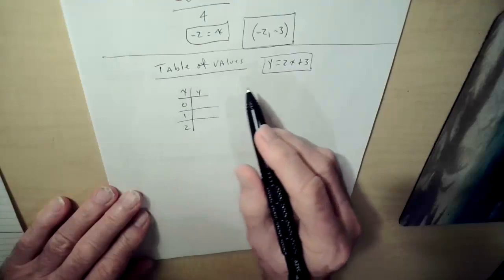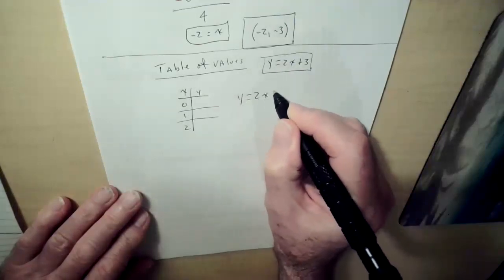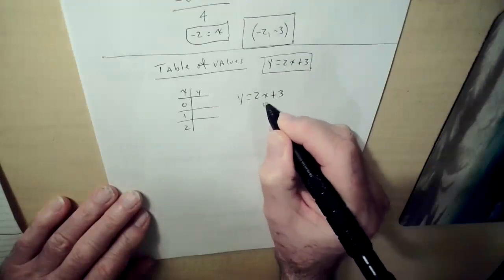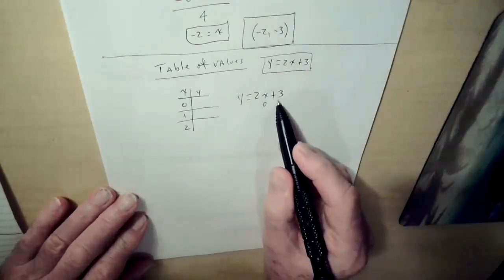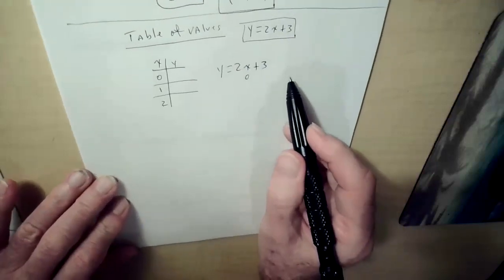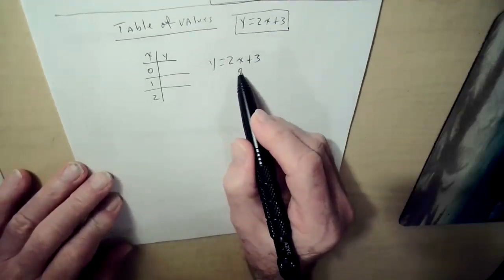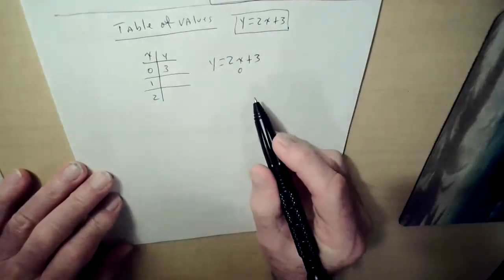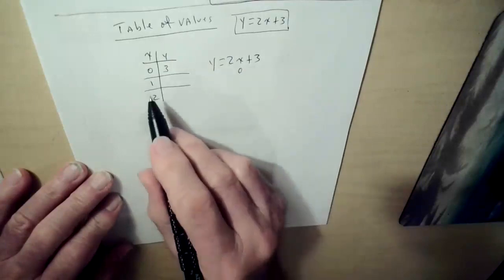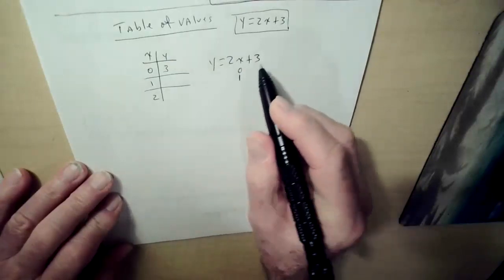Doesn't make any difference. Let's use 0, 1, and 2. Those are easy. Now, when x is 0, what are you going to get? You're going to get the y-intercept. 2 times 0 is 0, plus 3 is 3. Everybody with me here? Okay.